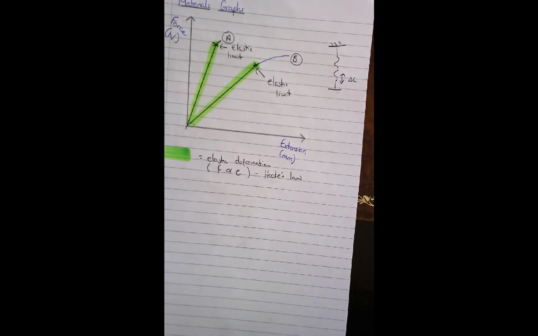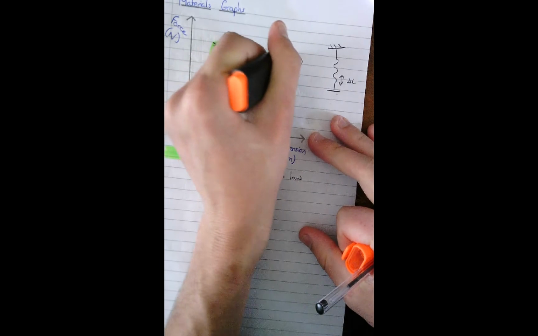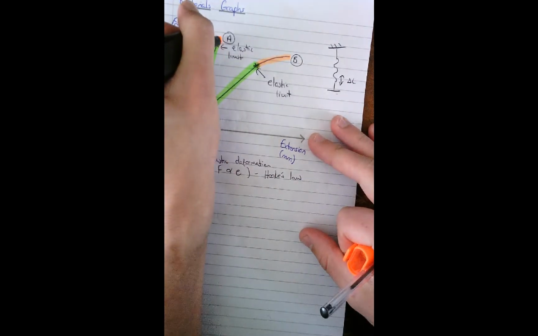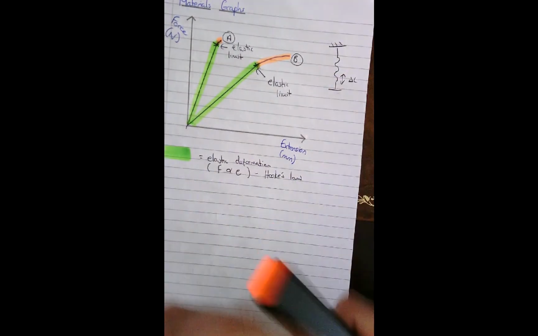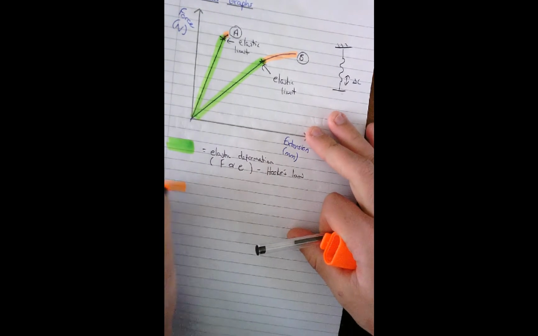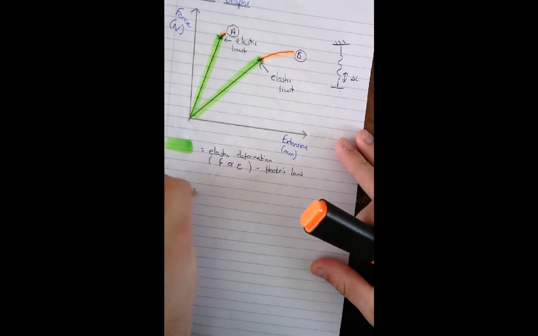The force is no longer proportional to the extension. So we have this period here and that period for that graph there. This period is the opposite. Well, it's not the opposite, it's a different type of deformation, and we would call that plastic deformation.